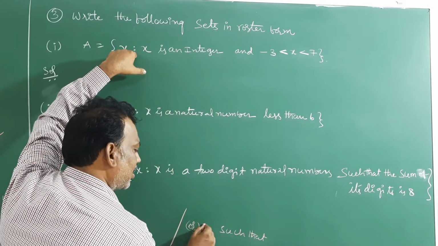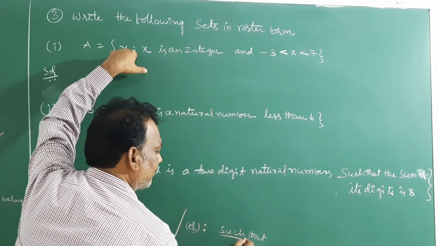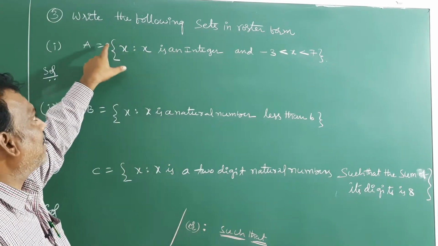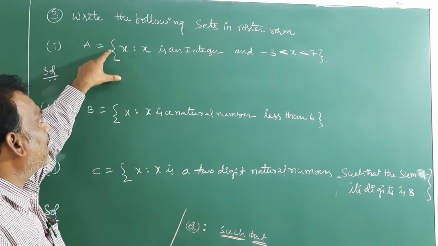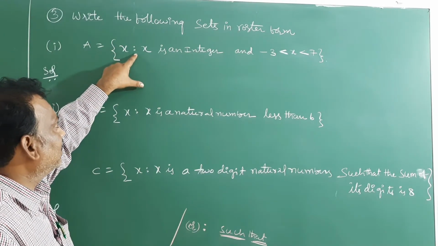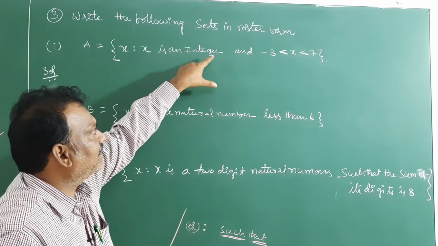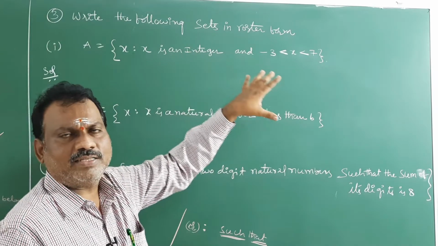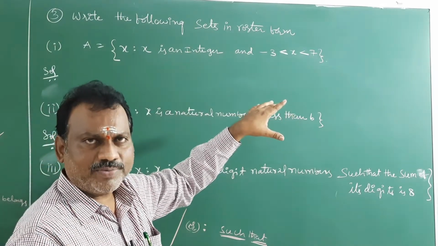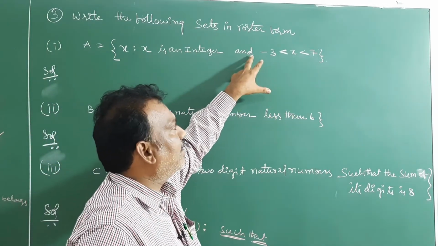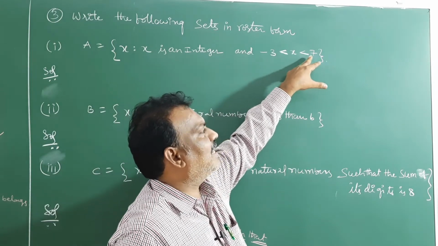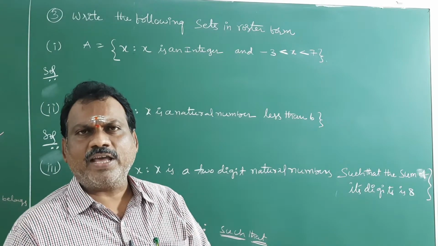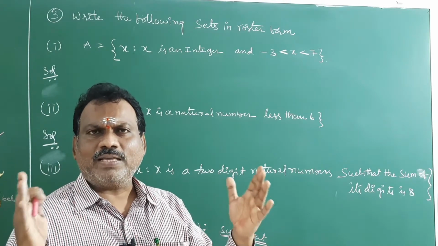The two dots indicate we have to read it mathematically as such that. A is equal to the set of x such that x is an integer, you have to write x belongs to integers, and minus 3 less than x less than 7. The integers you have to take are in between minus 3 and plus 7.